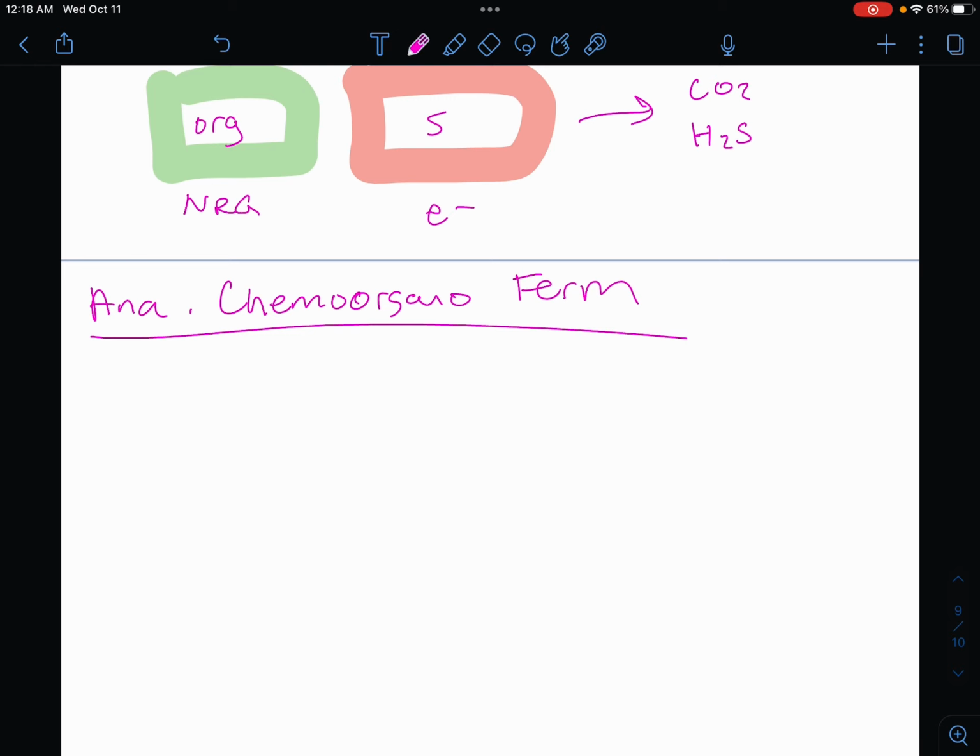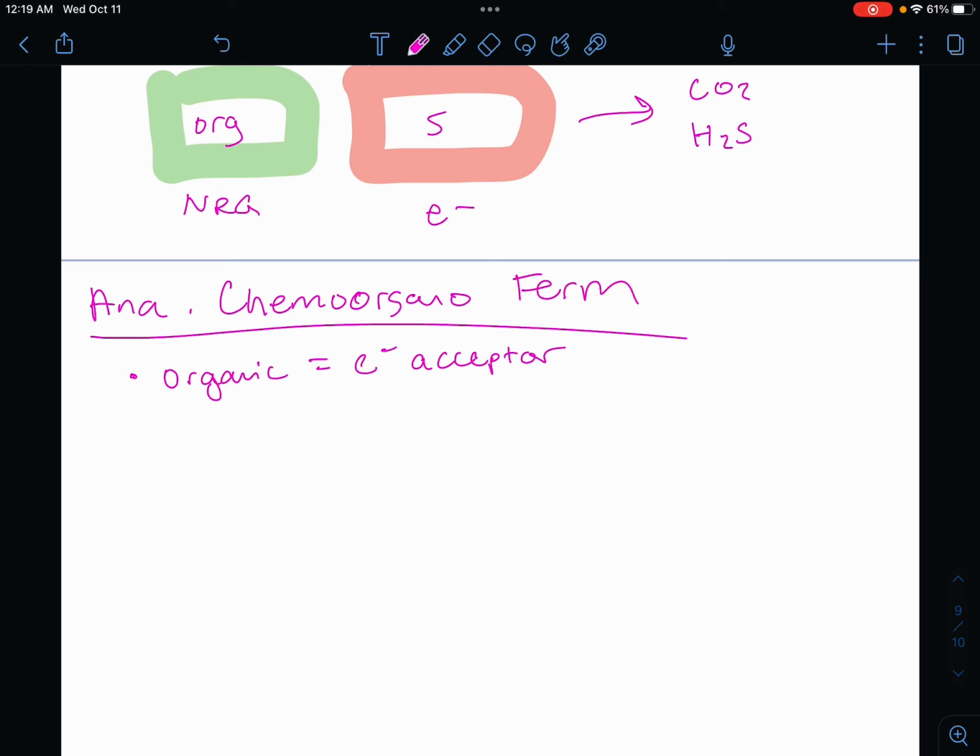You're going to be using an organic compound as the electron acceptor. Many anaerobic bacteria will be fermenting. Again, the organic will be the electron acceptor in this situation. It's much different than the respiration of aerobic species.